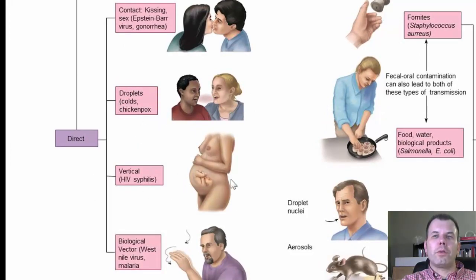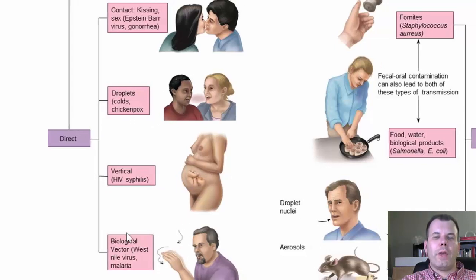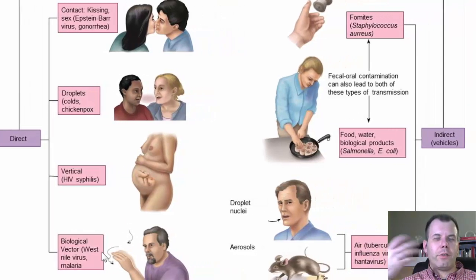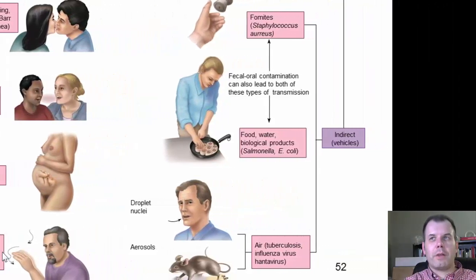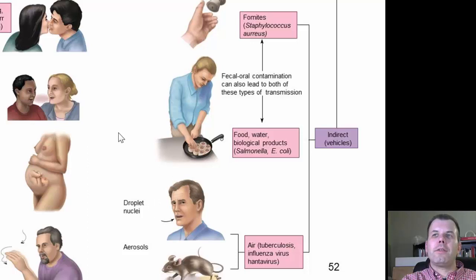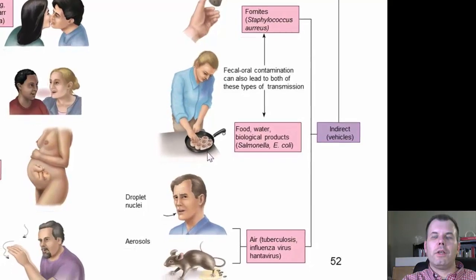Vertical can be through the placenta, and then biological where you get bitten by mosquitoes. That would be a biological vector, and these are all direct contact because basically the organism is passing it to you directly. Indirect would be, in this case, again, using vehicles, touching something like a door handle. This would be preparing food, someone not washing their hands and then preparing food and not cooking it long enough and getting you sick.